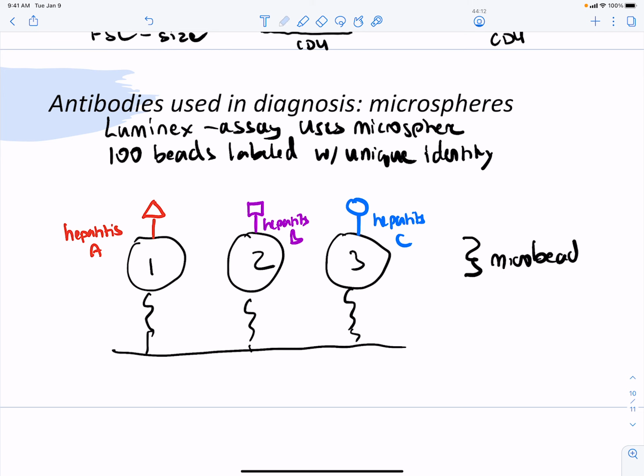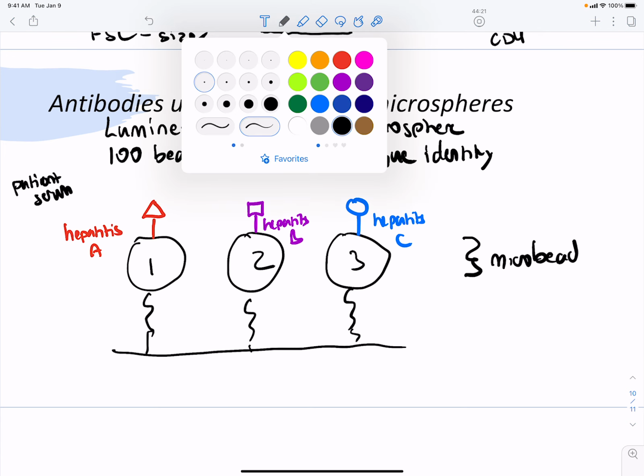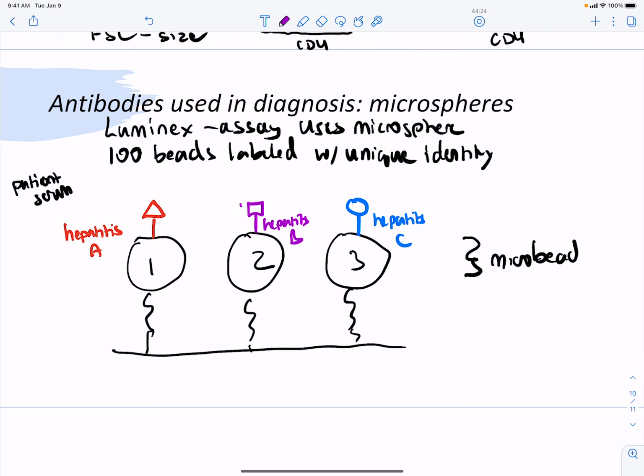And then again, you expose your patient's serum, and they might have purple antibodies, for example, that will bind to hepatitis B, but their purple antibodies will not bind to hepatitis C, and it will not bind to hepatitis A. But in one well, you can detect if this person has antibodies to hepatitis, HIV, tuberculosis, whatever you want to do.